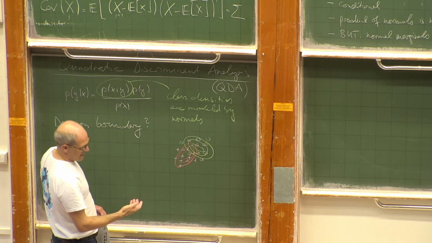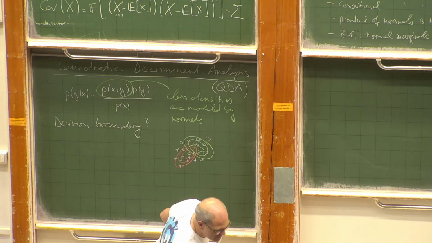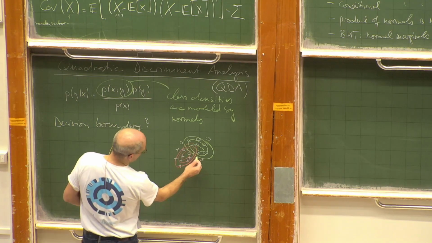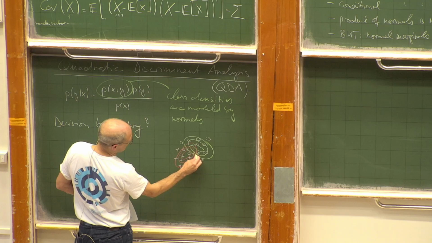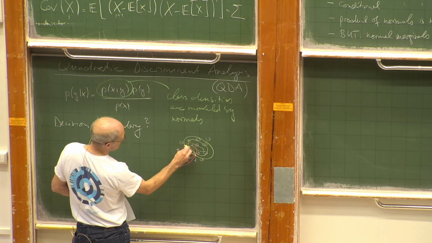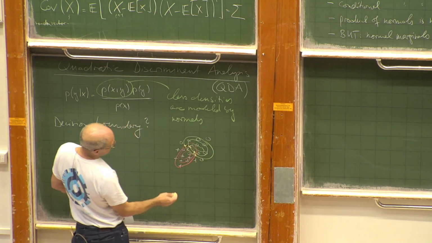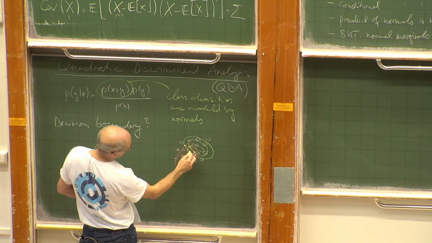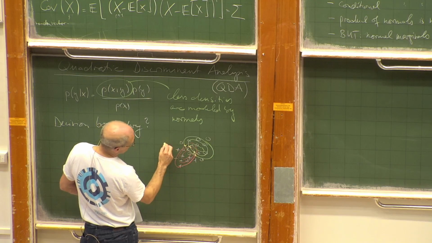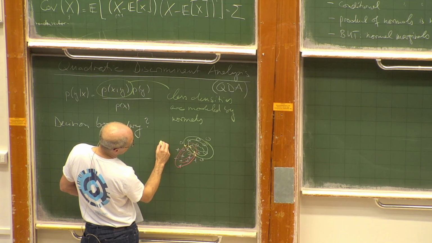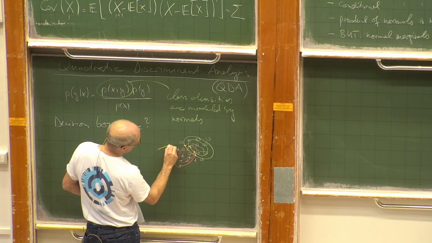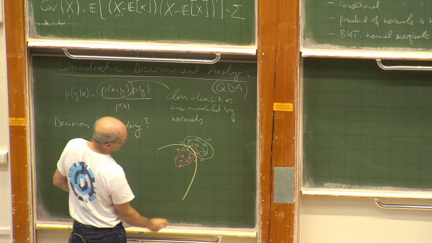I have 3 isocontours for each, so I'm intersecting the outermost ones. I'm intersecting the second ones. And the first ones don't touch. So I am getting here a decision boundary which looks something like so.